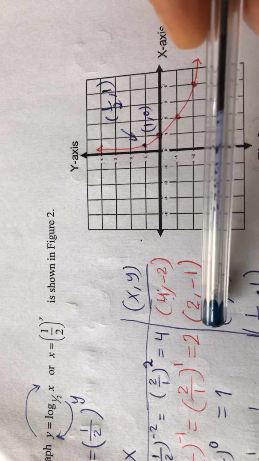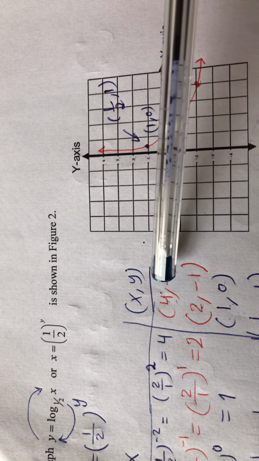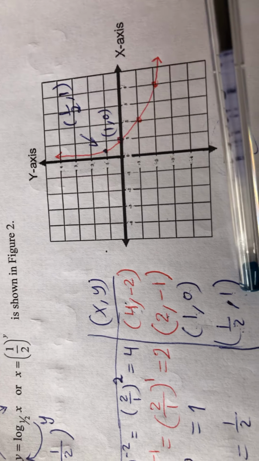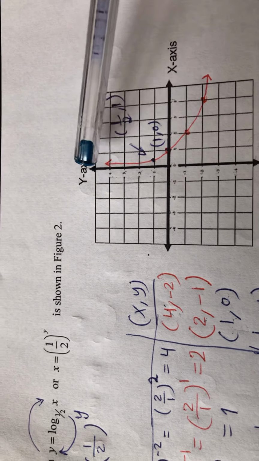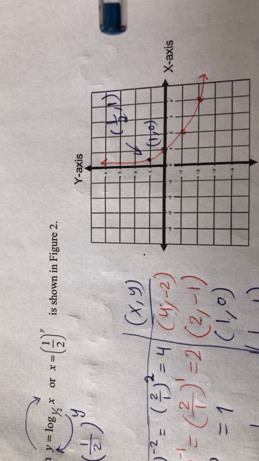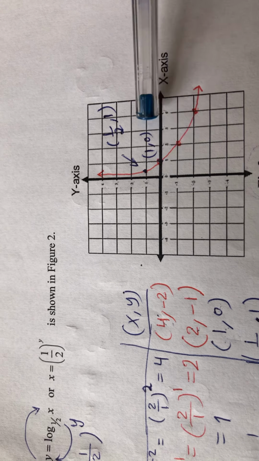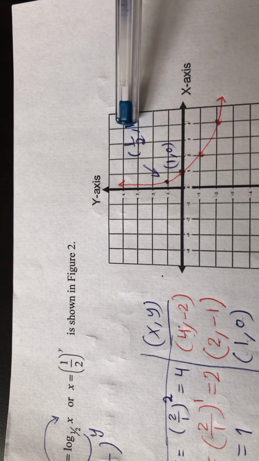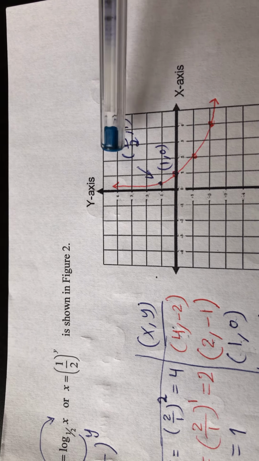X here is decreased, while y is increased: -2, -1, 0, and 1. So now this graph is decreasing, passing through (1, 0) and (b, 1). B here is 1/2.